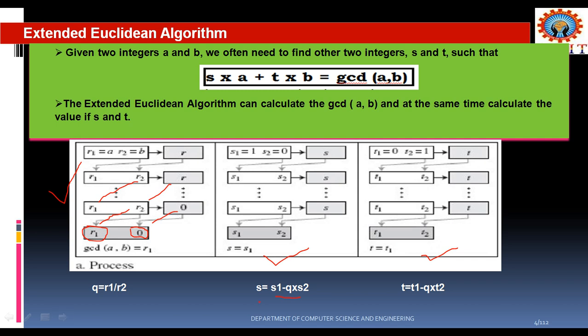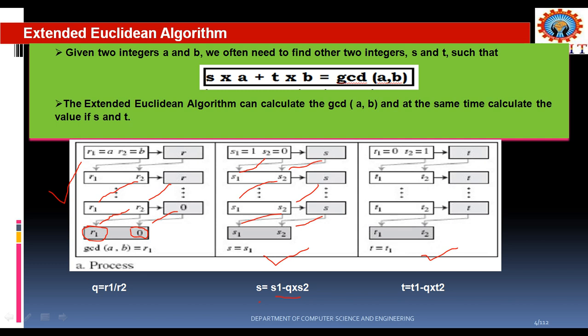Now the s2 value becomes the new s1 value, and this s becomes the new s2 value. In a similar way as before, s2 becomes s1, and s becomes s2.